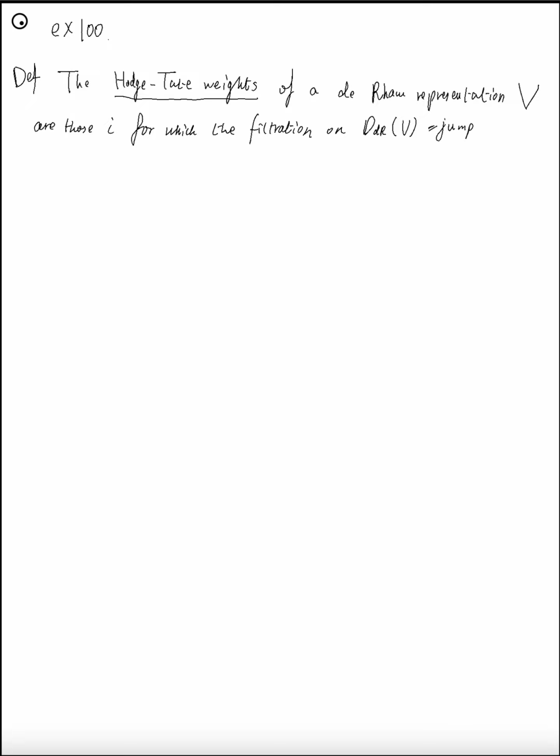Are those i for which the filtration jumps from degree i to degree i plus 1. In other words, such that the graded piece of index i is not 0.